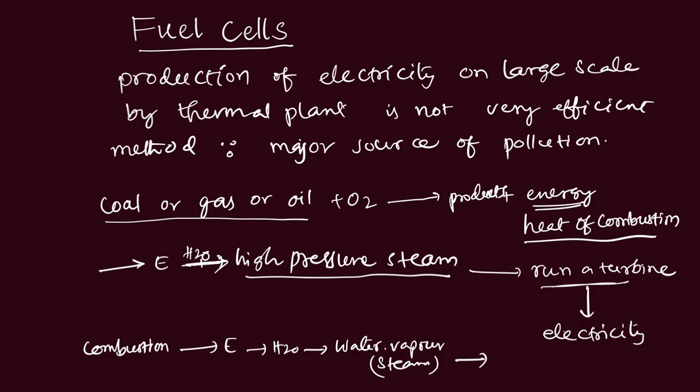Then this will run the turbine and produce the electricity, that is called current. In this produced current, efficiency how much? Nearly 40% only, and it produces some pollution. That is not a good method. Anyway, that is what we are using now, but we have to think about other alternatives.